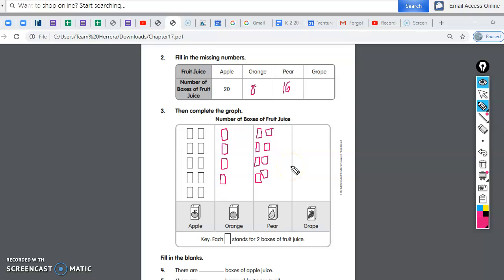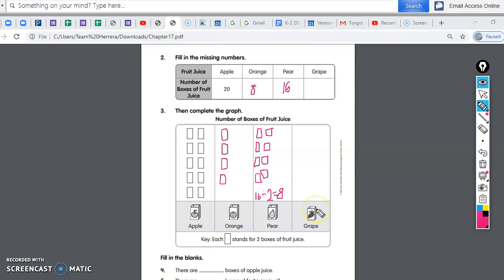If I were to make an equation, that would be 16 divided by 2. Again, it's not asking for that, but that's another strategy you can use, which is dividing.